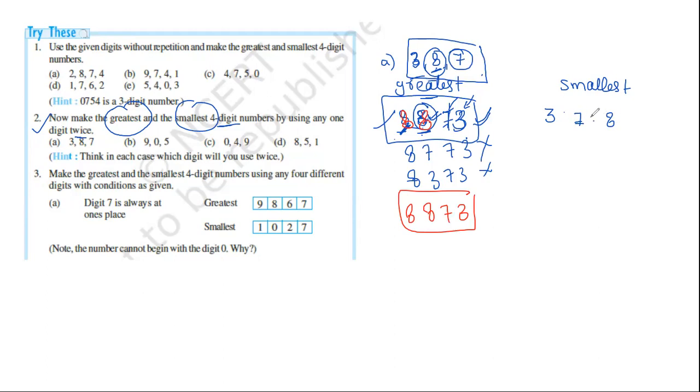But 8 here or here or here, it will increase my number. But suppose if I write it in this way, 3, 3, 7, 8, it will always be less, isn't it? But if I write it in this way, this number will be greater than this, right? So we'll repeat the first digit. Okay. So this was about your greatest and smallest.